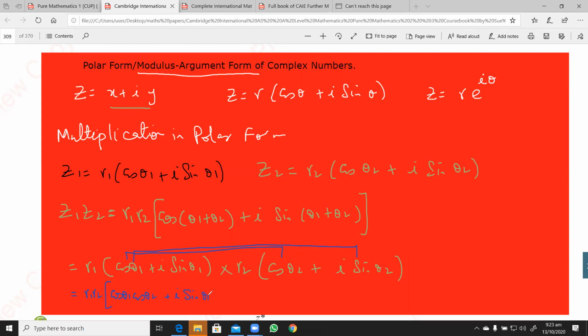sine. I'll be writing the sine theta 2 intentionally first. Then this into this gives me, and finally this into this.